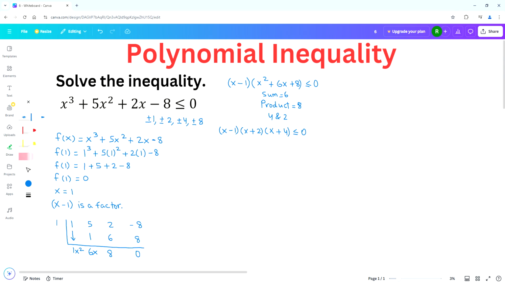Now we can find the x-intercepts for this cubic polynomial by setting each factor equal to 0 and solving for x.